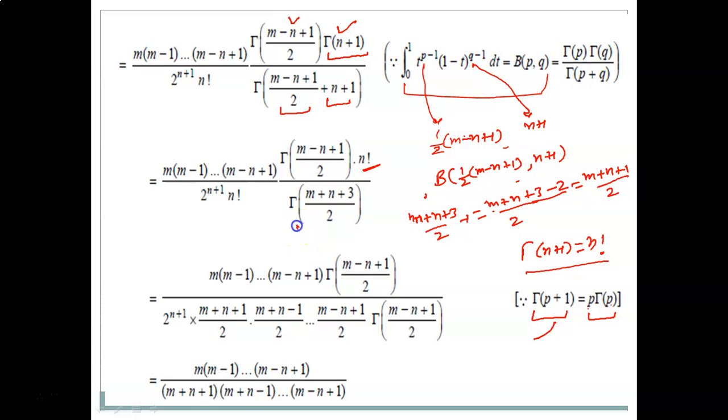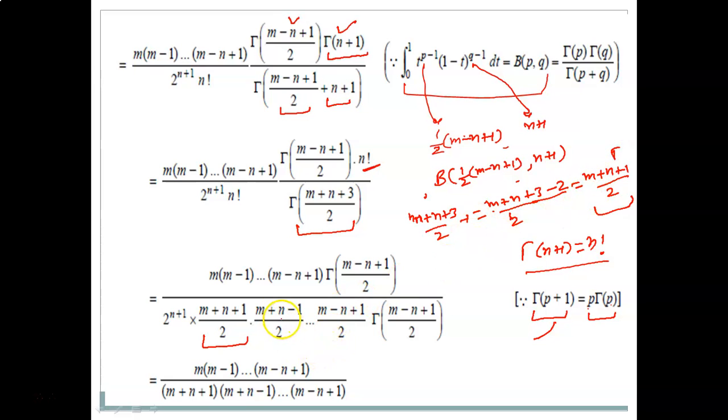So in place of this, I can write (m plus n plus 1) by 2 into gamma of (m plus n plus 1) by 2. So (m plus n plus 1) by 2 is here, and into gamma of the same thing must have been written.